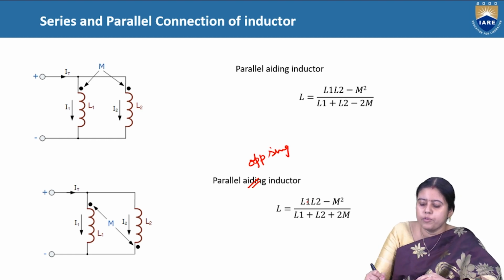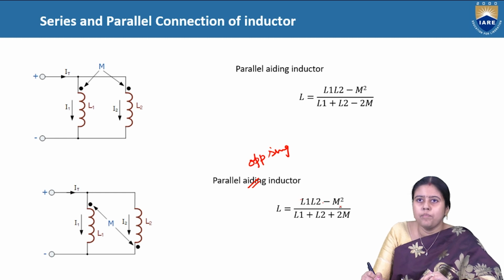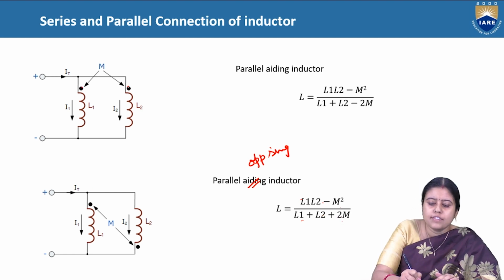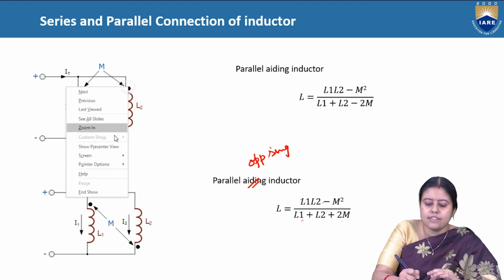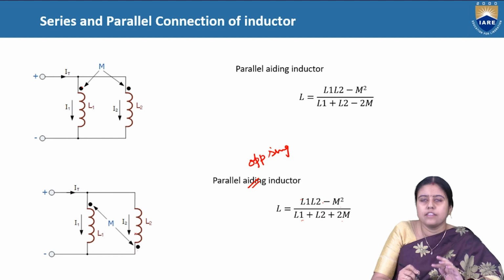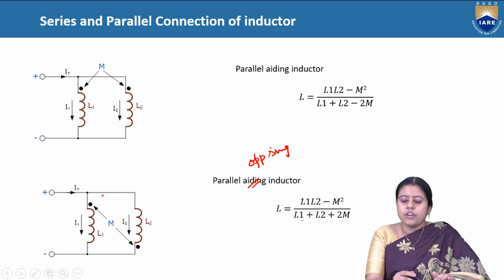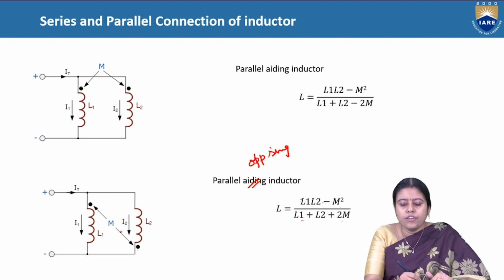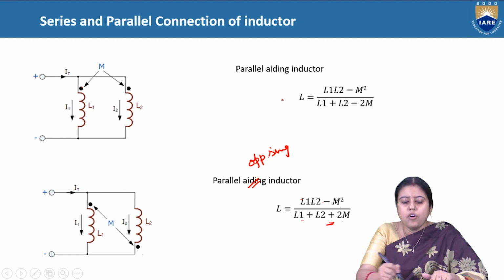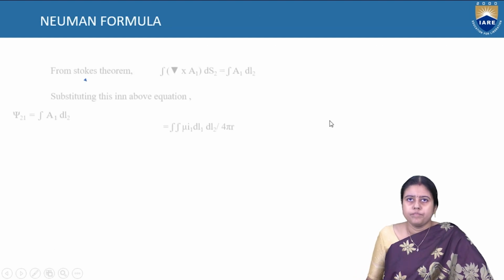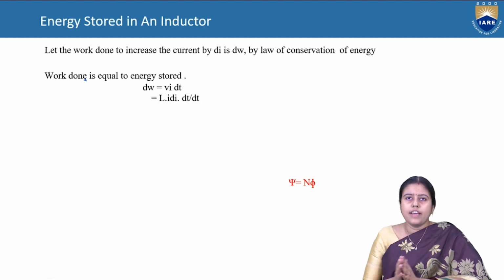If they are parallel opposing, then L1 L2 minus M square by L1 plus L2 plus 2M. This dot sign means the current directions are the same. The other sign means the current directions are opposing. The M is in opposite direction. When they are opposing, it is plus 2M. When they are in the same direction, it is minus 2M. Newton's formula I have already discussed.